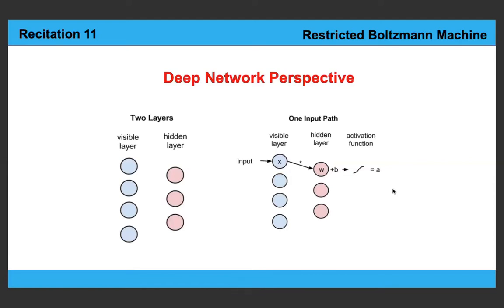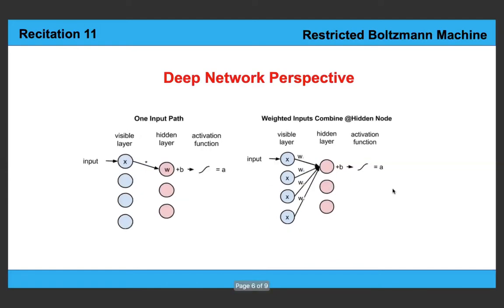And in an overview of how the network works, we can see the process in this image. Each x is multiplied by a separate weight, then a bias is added, and all of them are fed into an activation function.